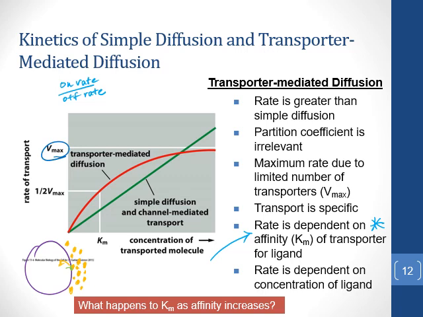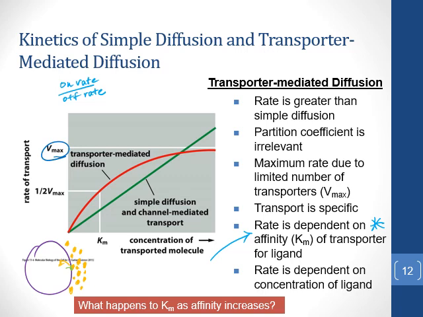So the concentration required to move the molecule into the cell at half of the maximal rate of transport is referred to as the Km. Now, this can become confusing sometimes because if you look at the relationship between Km and affinity, you'll notice that they move in opposite directions.